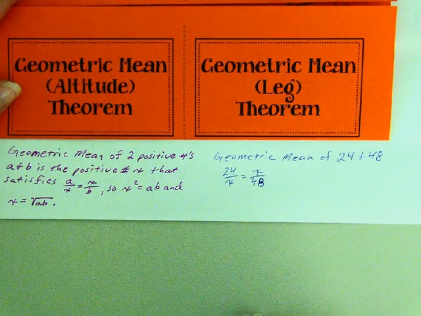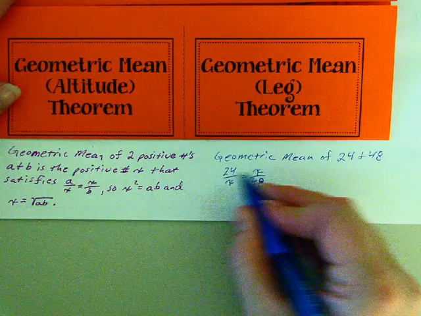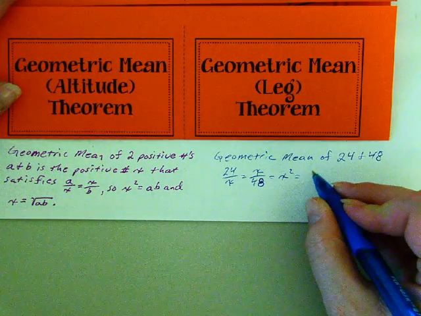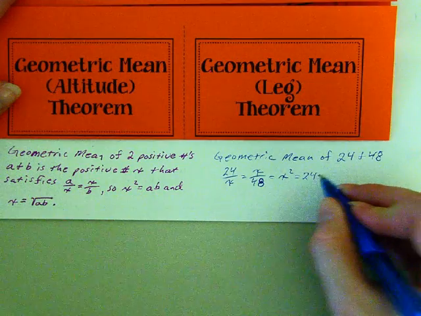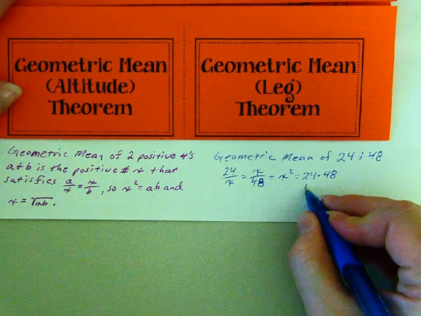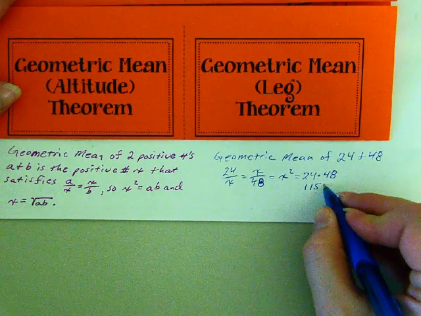Okay. All right, so next I'm going to cross multiply. So I get x squared equals 24 times 48. And this is 1,152.